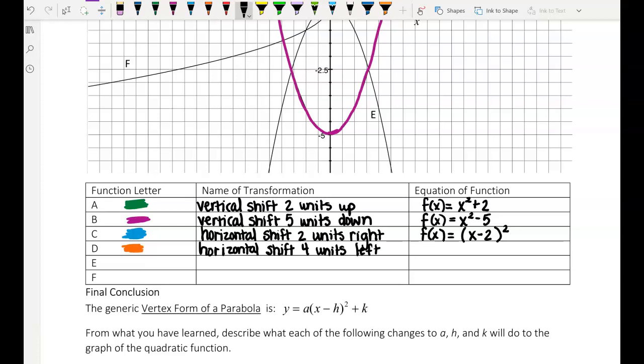So what is my equation going to look like here? Yeah, parentheses x plus 4 quantity squared. Because I'm moving to the left, that means I'm putting in a negative h. So I have to do x plus 4.